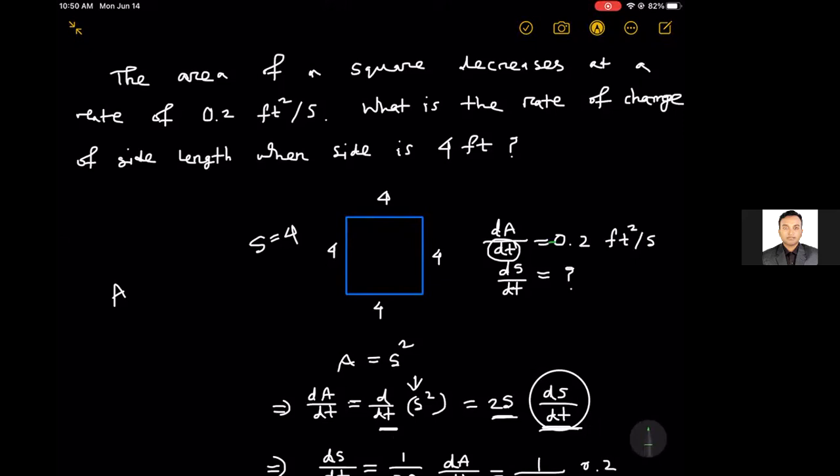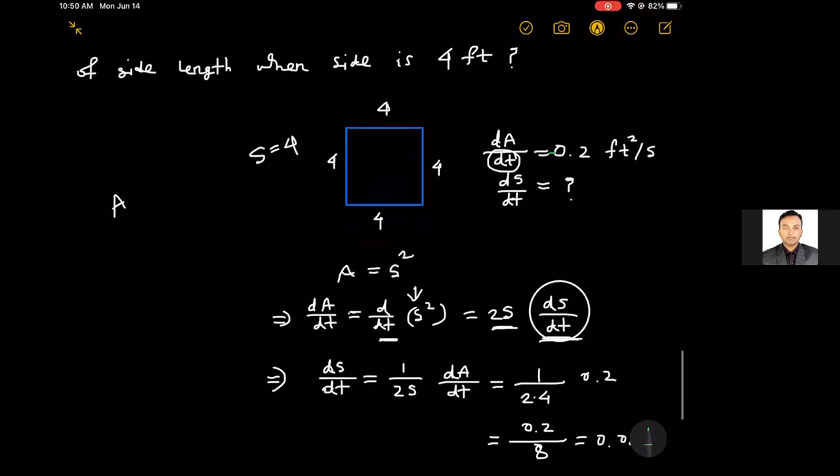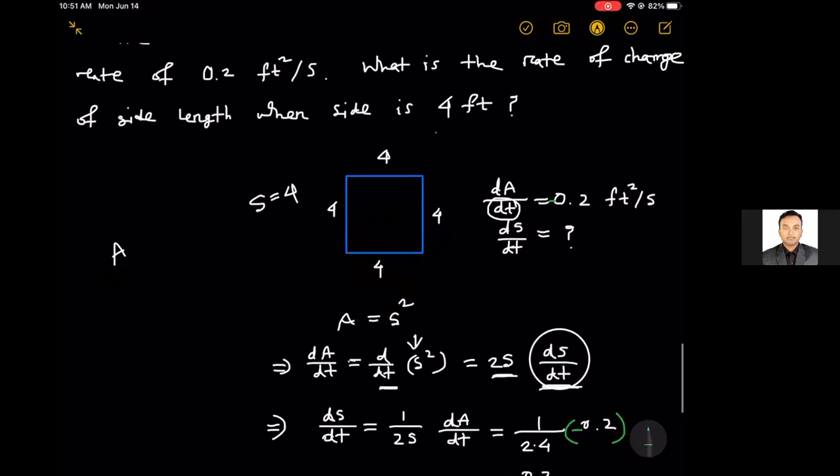Do you agree? The area of the square is decreasing. That's why it should be negative. So it should be negative 0.2. All of this should be negative. And it actually makes sense. Why? Just imagine a square.